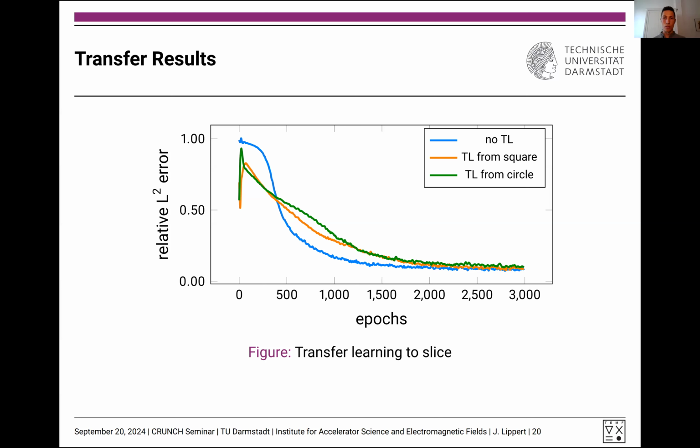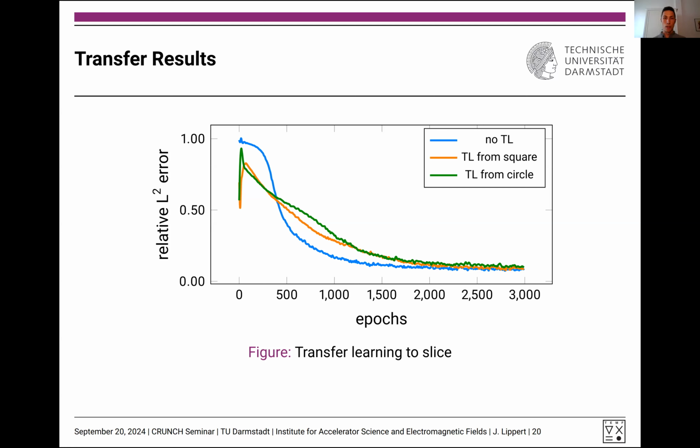We had this problem when we had a domain with a hole, and we tried to go to a domain with the same size hole but square. We introduce the corners, and you have a Laplacian. That's an elliptic singularity. You don't have that in your solution, so you have to develop it from the transfer learning. That's why it's a problem. So what you could learn here is that it's easier to start from nonlinearities, but the other way around is harder because you have to create it out of nowhere. Maybe that's what you can take with you.